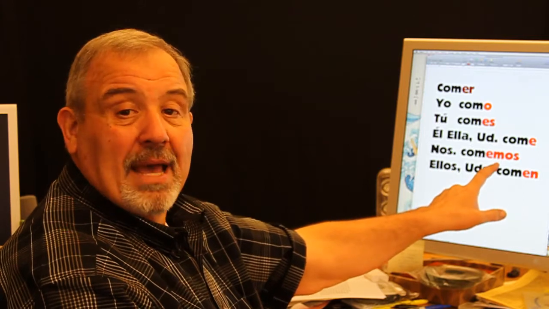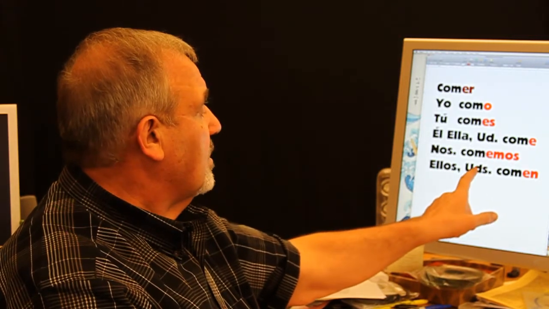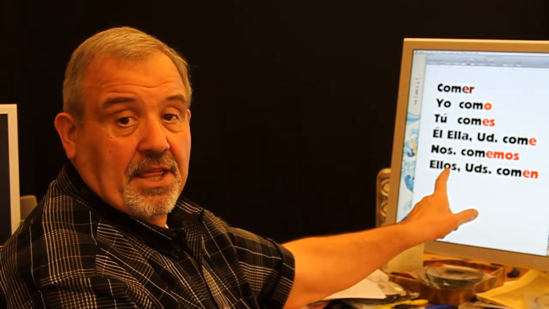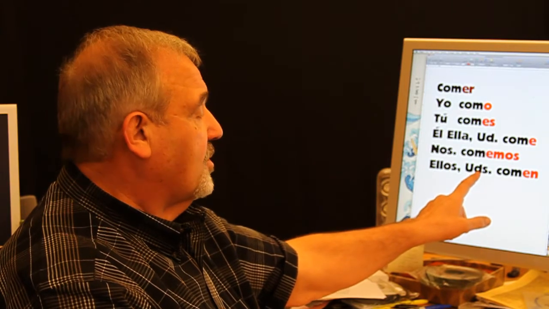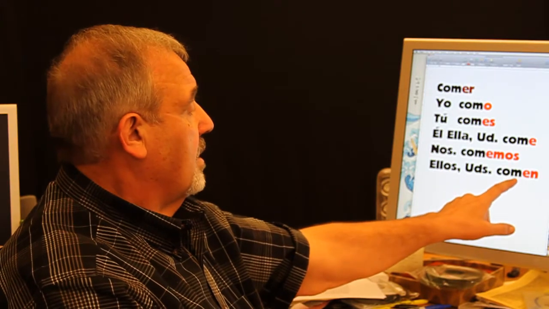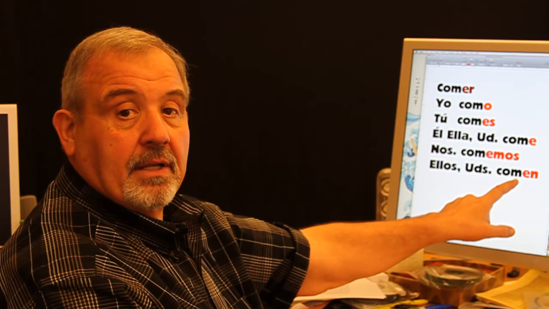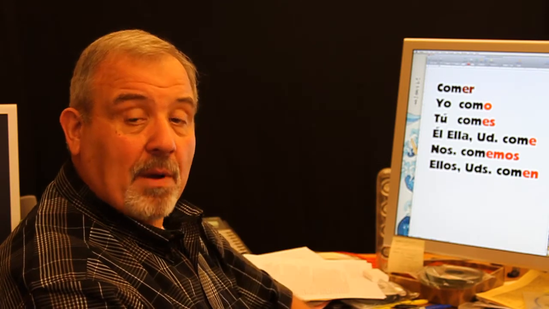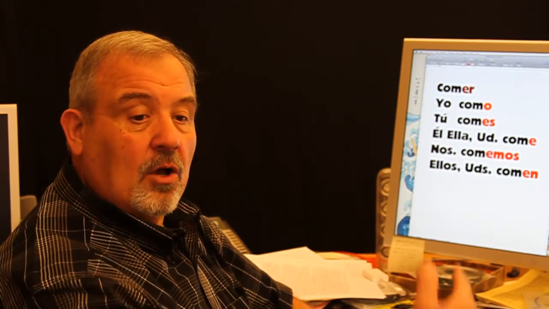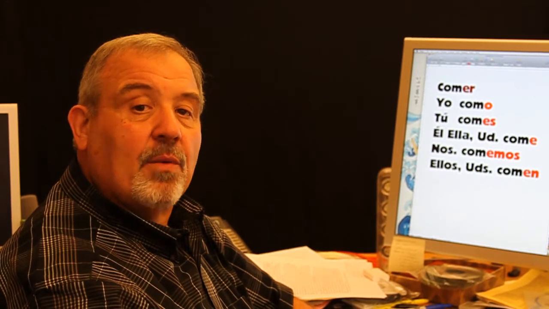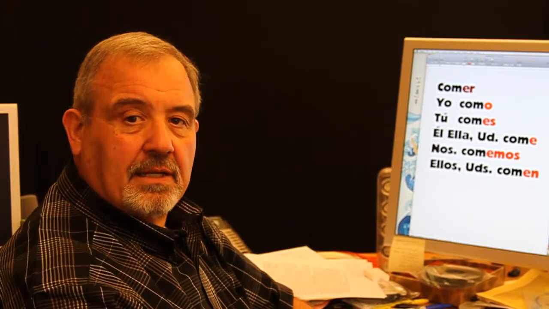Nosotros comemos, and ellos, or ustedes, they, or the plural you, eat, comen. Simple. Memorize ARs first, and then when you're going to conjugate an ER, everywhere there's an A, replace it with an E. And you'll be right.